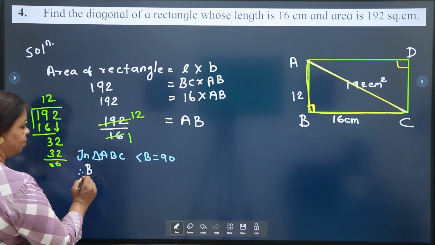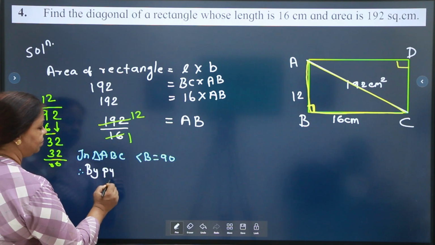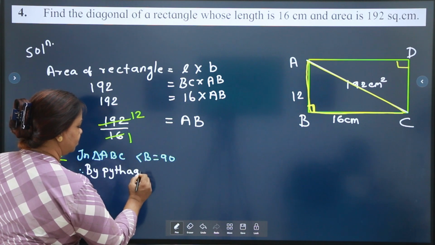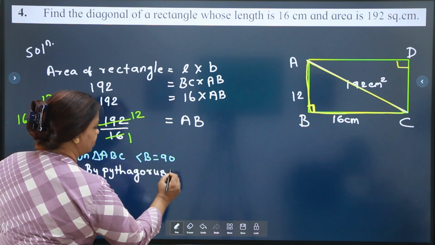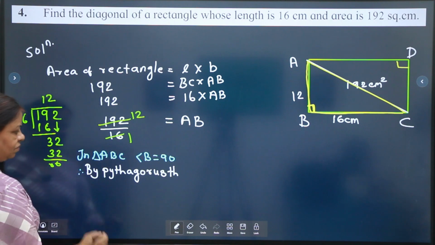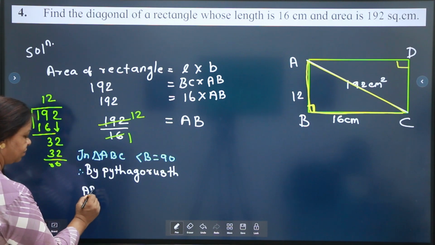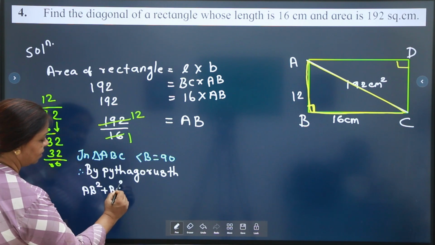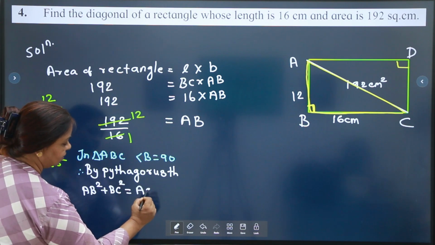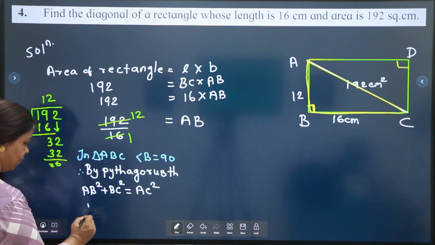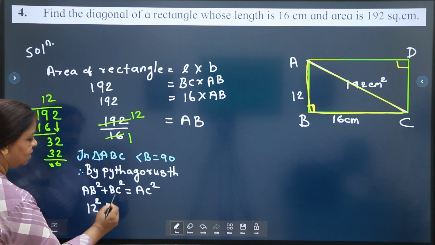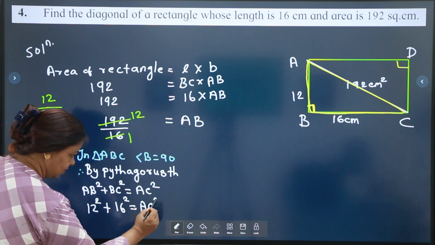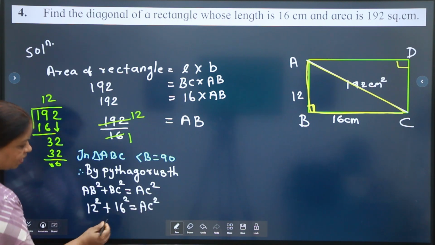Therefore, by the Pythagoras theorem, AB square plus BC square is equal to AC square. How much is AB? 12 square plus 16 square is equal to AC square. We know 12 square is 144.